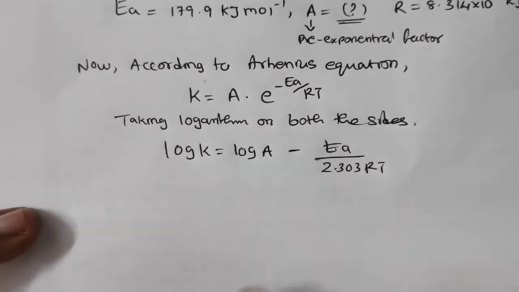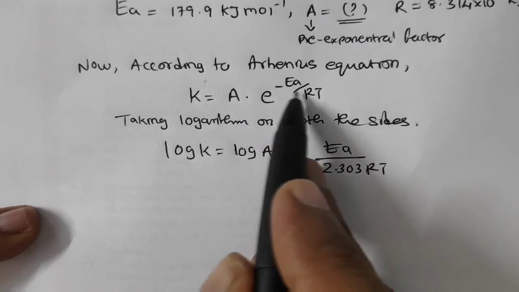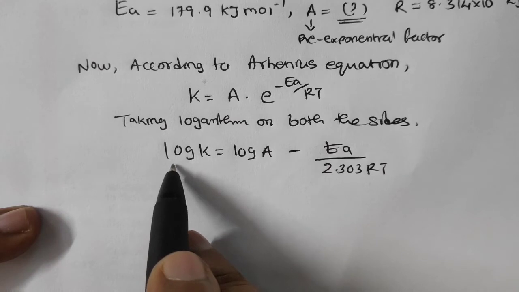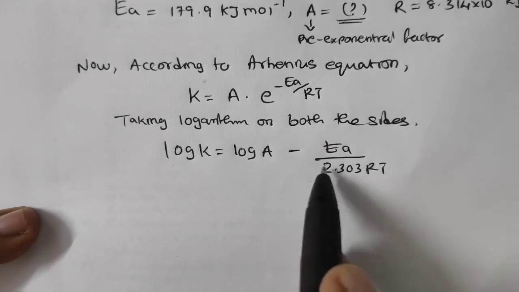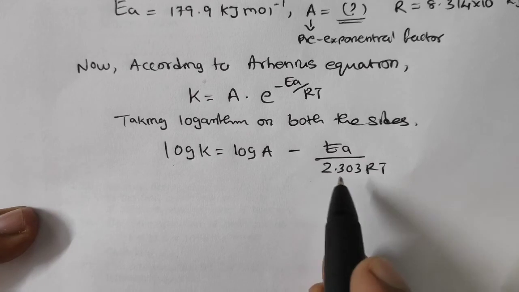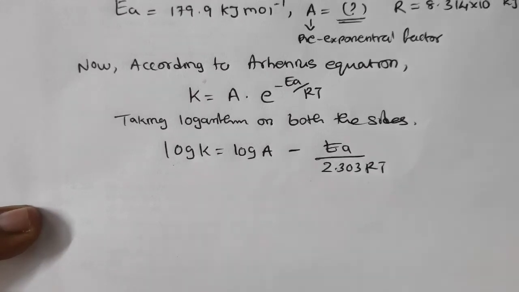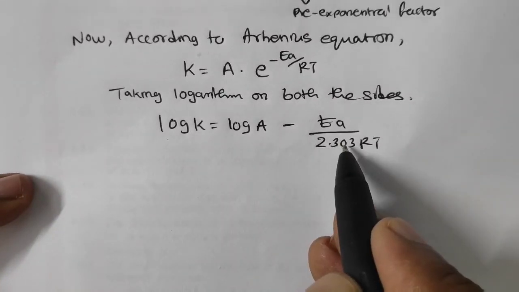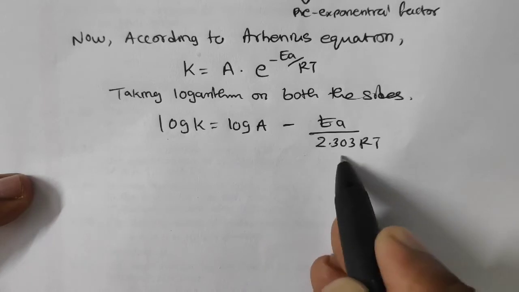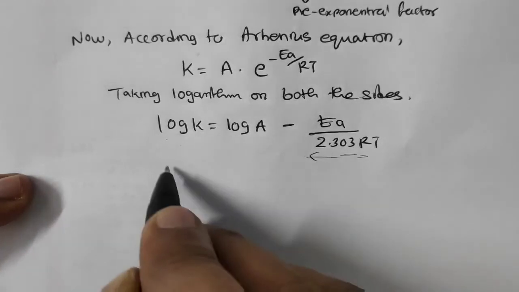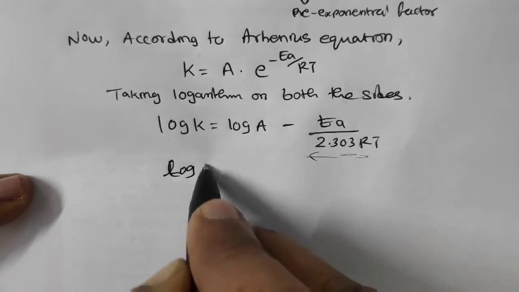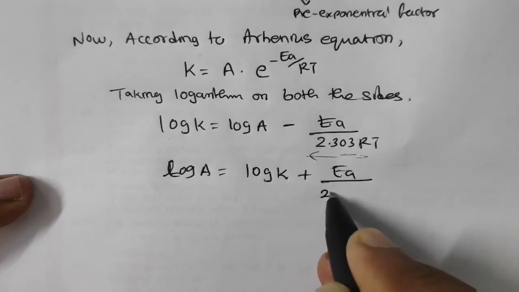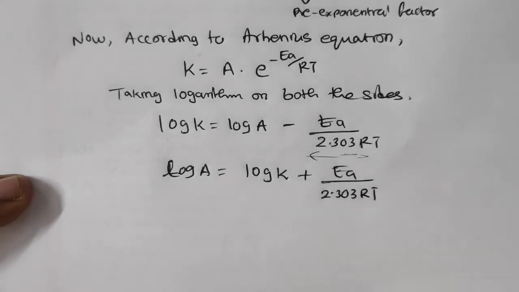Natural logarithm was first taken to remove the exponential factor, and then we convert to logarithm to the base 10, so there is a constant, 2.303. We have derived this in our previous video; you can go through it. Now if I take this whole part to the other side, log A will be equal to log K plus EA upon 2.303 RT.